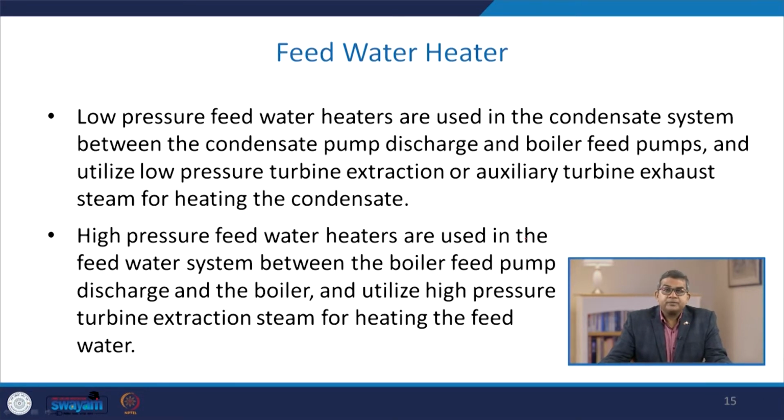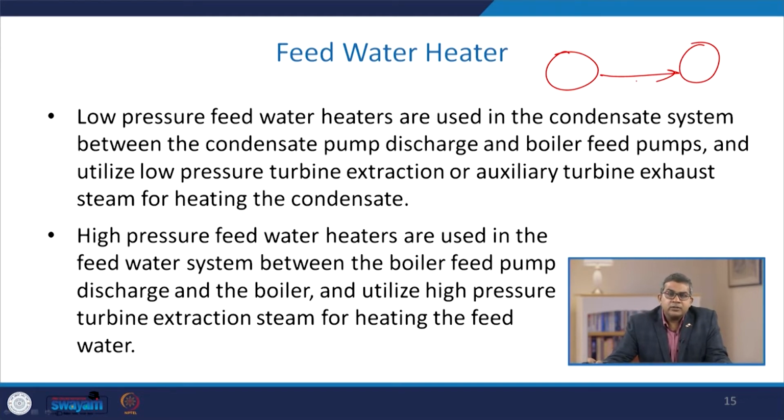Feed water heater. Low pressure feed water heaters are sometimes used in the condensate system between the condensate pump discharge and the boiler feed pump. So, this is the condensate pump discharge and this is the boiler feed system. Sometimes you need to have heating so that it can maintain the appropriate temperature.